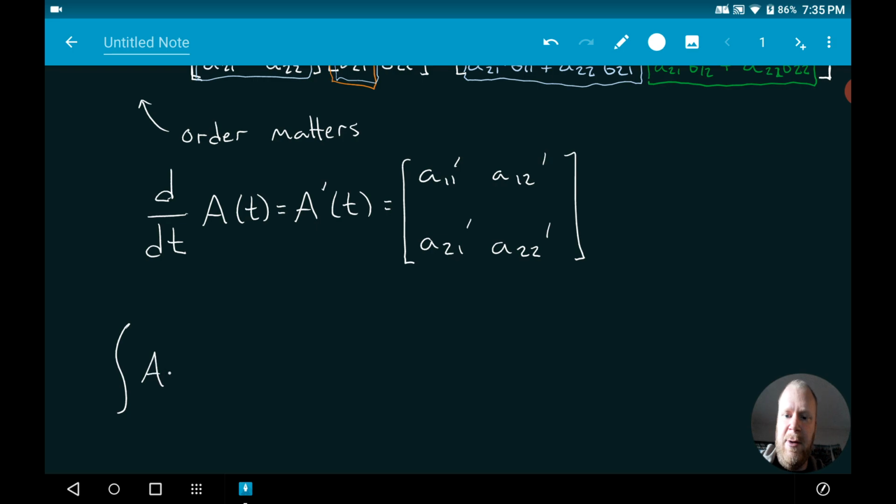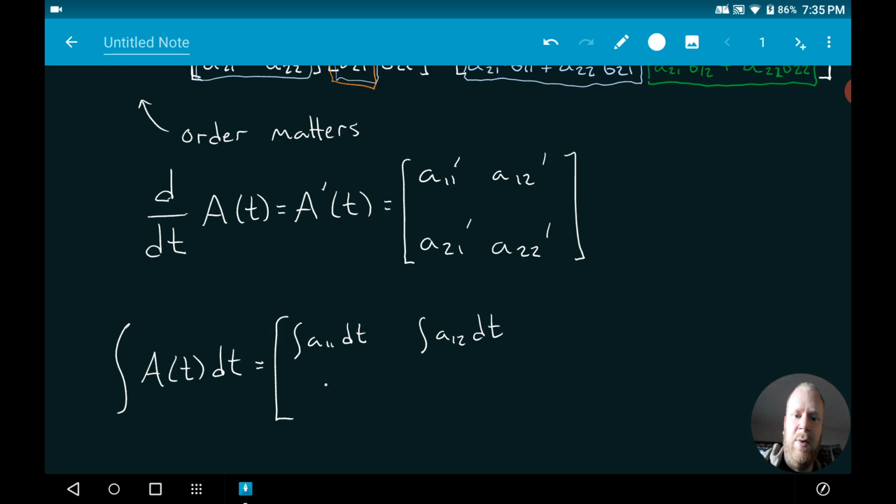Same thing with taking the integral of a matrix. That's going to look like the individual integrals of all these individual entries. They'd probably be more interesting if these were all functions, but we could take their integral if they were just values too.